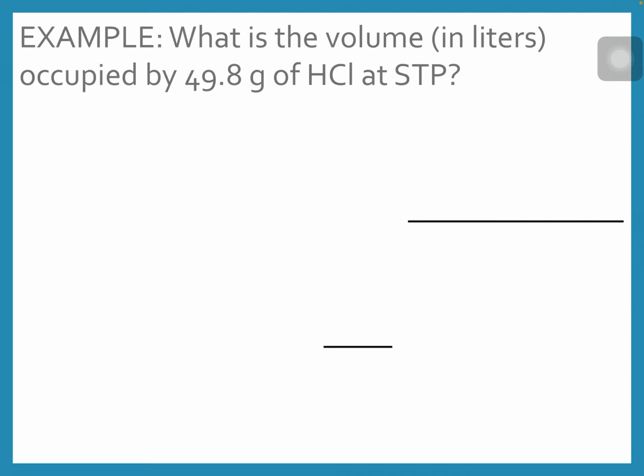Okay, so let's take a look at an example using that. So what is the volume in liters occupied by 49.8 grams of hydrochloric acid at STP? So we're looking for a volume.